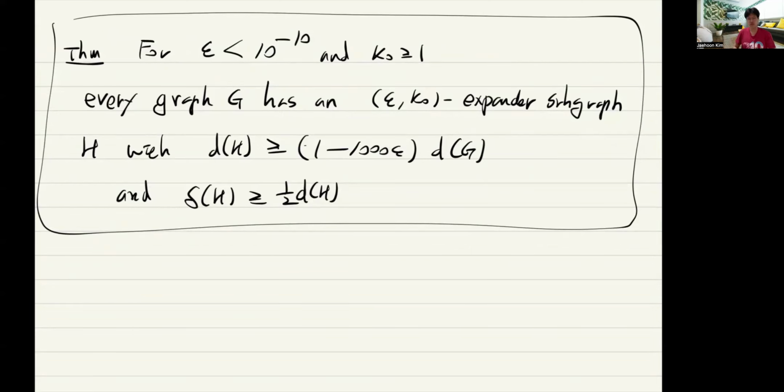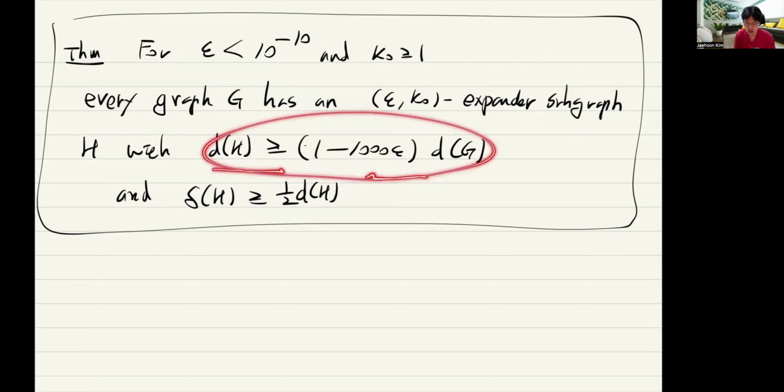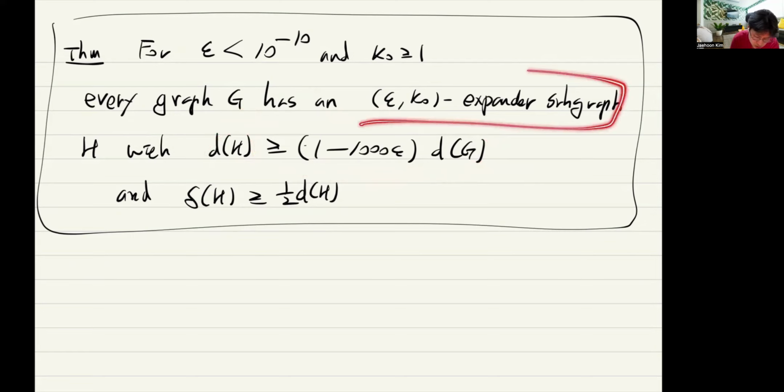You start from G, which might not be an expander, but has high average degree. Then you find your subgraph H, which is an expander and has almost the same average degree. If you find the K_t subdivision in H, then that's automatically a K_t subdivision in G. So you can assume this in this problem.